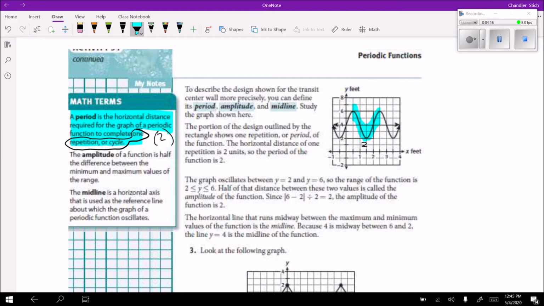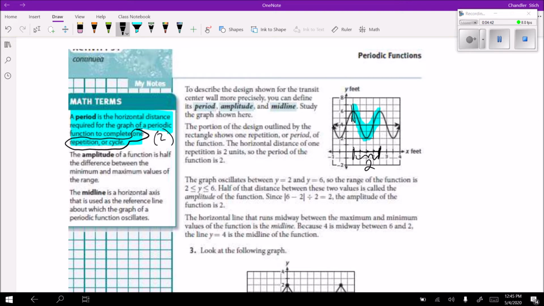Now if I keep going, you're going to go down again, so that's the start of the next cycle. But if you wanted, you could count these. So this starts at 1 half. So you go 1 half, 1, 1 and 1 half, 2, 2 and 1 half. This is still 2. Okay, so it doesn't really matter where you start your period, but you're going one cycle.